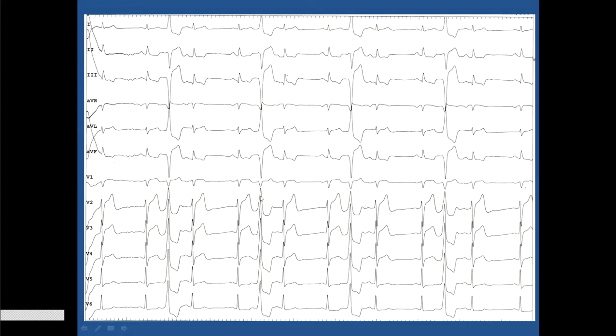But how do we differentiate between basal and apical? Anything basal, you expect the forces to travel towards the chest leads. So V2 to V6 will be positive.